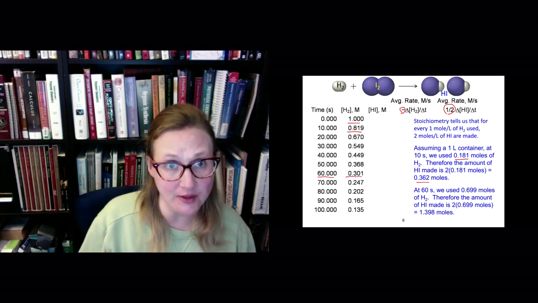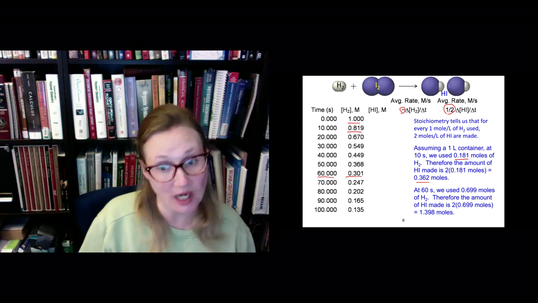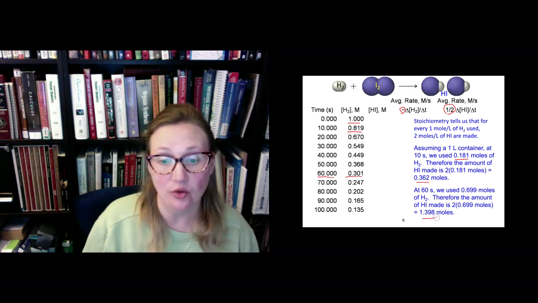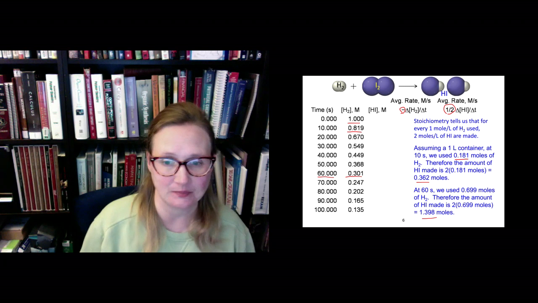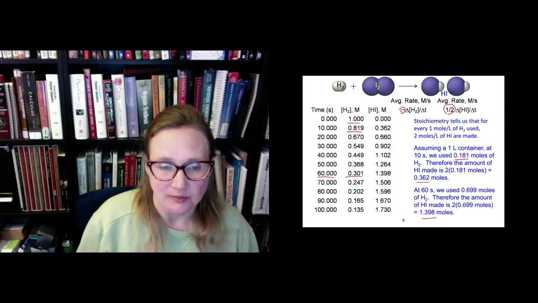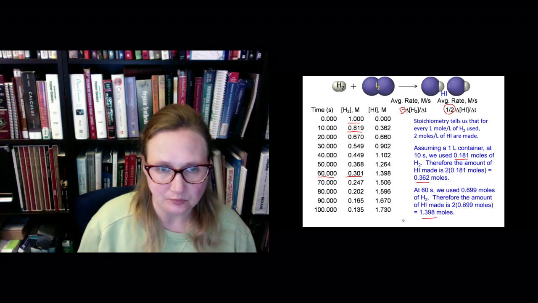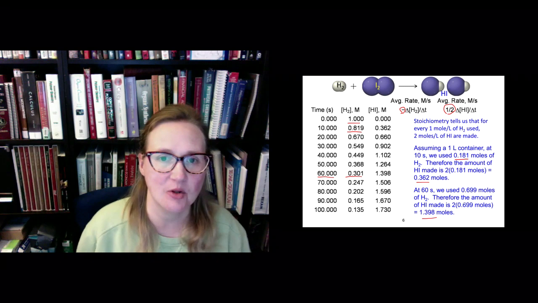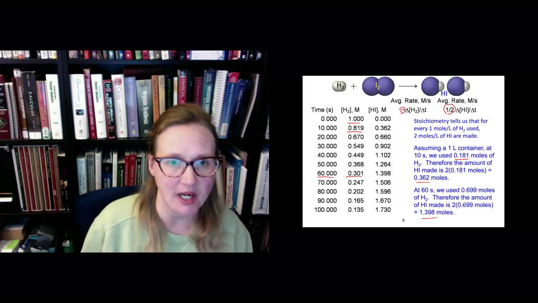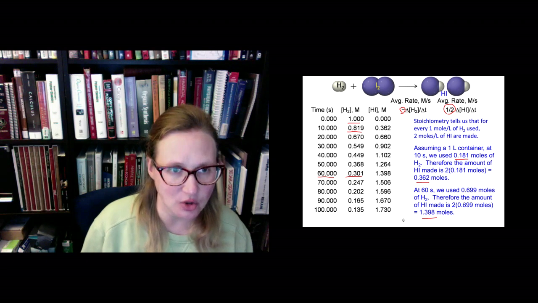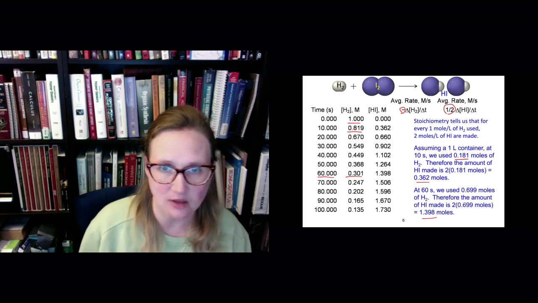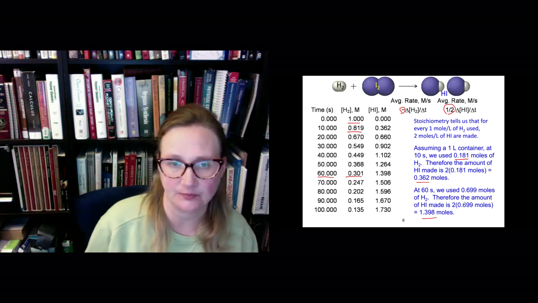Therefore, the amount of HI I form is 2 times that, or 1.398 moles. So we can fill in the table for the concentration of HI that we form. We can use the concentration of H2 to determine the concentration of HI that I must have.